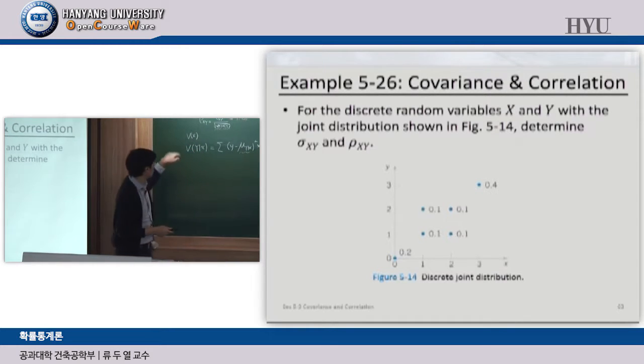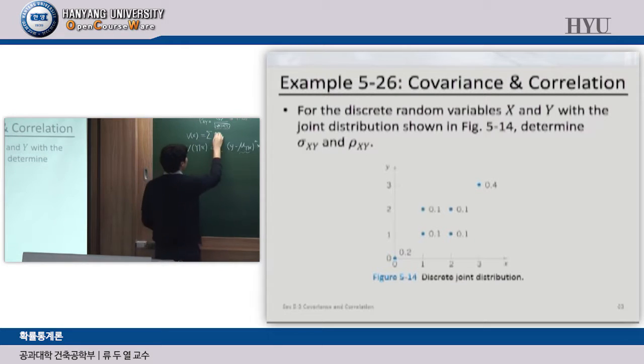And for the case of the marginal variance, we can apply the same equation, which means that the Vx is equal to the sigma over x of x minus mu x, this is the marginal mean, okay, squared by the marginal probability mass function.